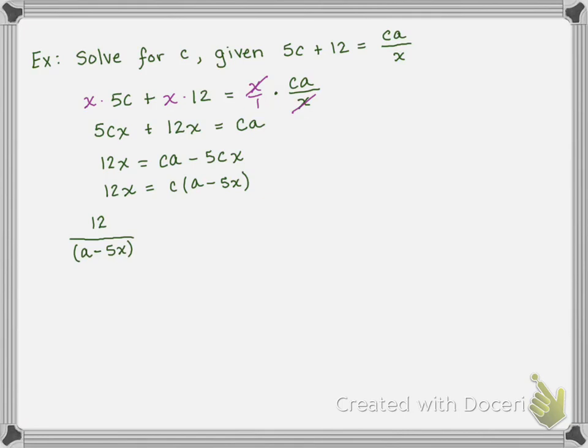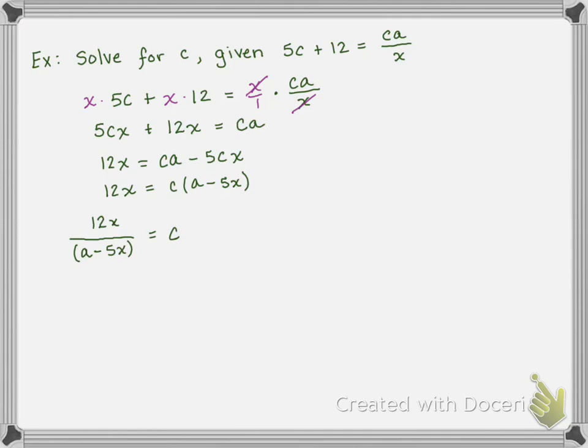If there's addition or subtraction in the denominator, you can't split that up. And then, I should say equals C. Isn't it 12x? It sure is. Thank you. And also we can't cancel the x, because of that subtraction between the A and the 5x.